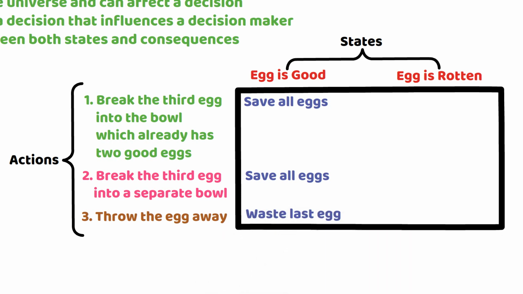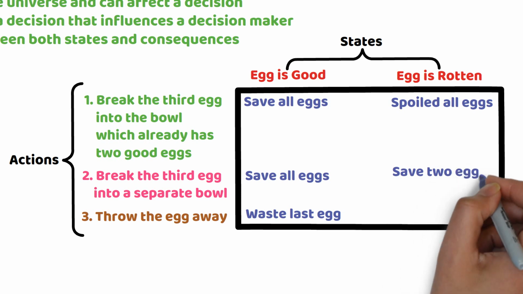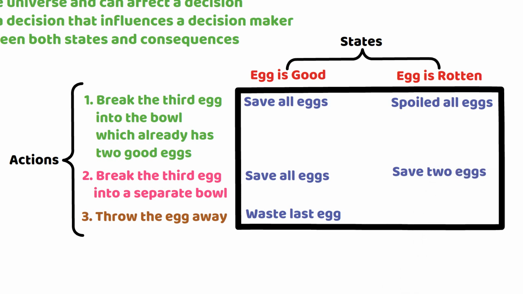If the egg is rotten, and he breaks the 3rd egg into the bowl with 2 good eggs, he spoils all the eggs. If the egg is rotten, and he breaks the 3rd egg into a separate bowl, and later does not mix it with the other 2 eggs, he could save 2 eggs. If the egg is rotten, and he throws it away, he could save 2 eggs. These all 6 are consequences of his actions.